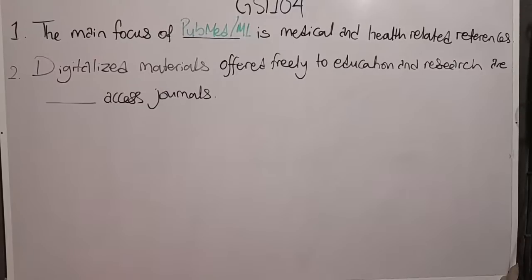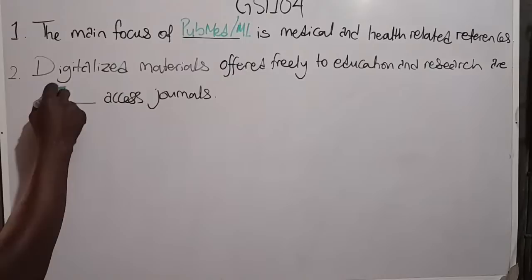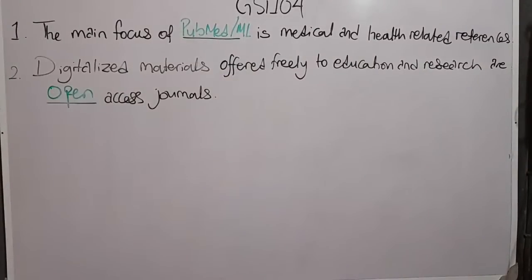It is a computer marking your exam. Just always let your answer stay within the premises of the question. The correct answer is just open. So it says open access journal. What you just need to put is that single word, open. Please note that.